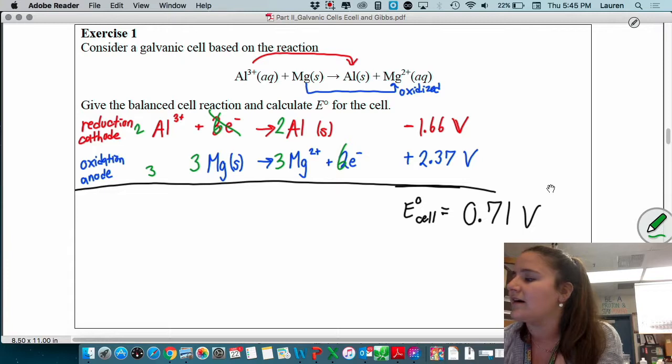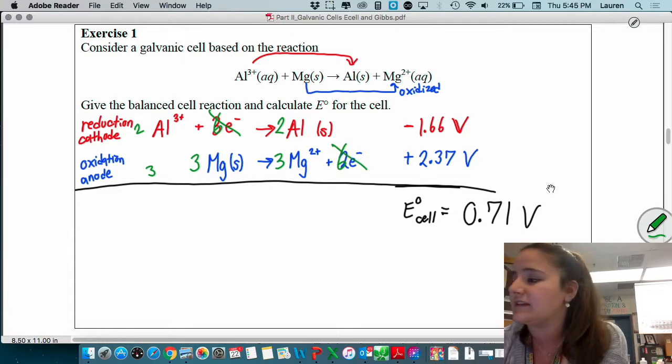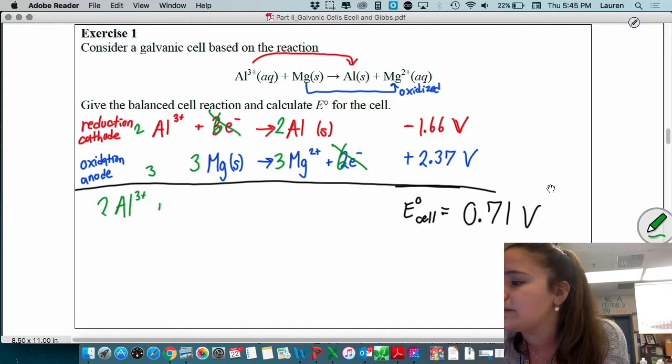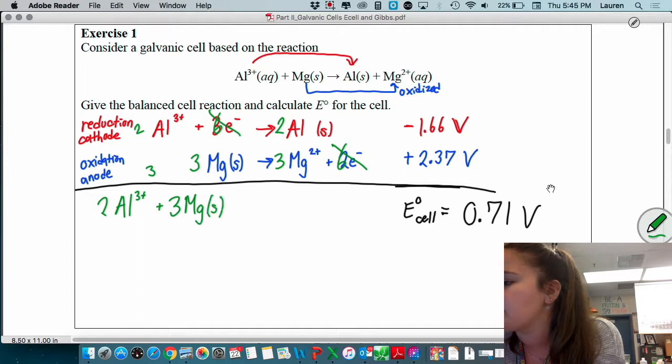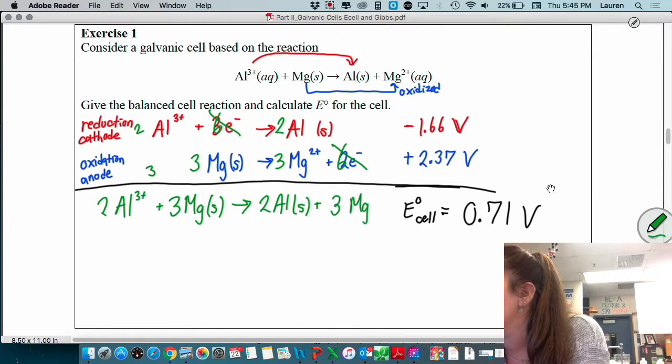Then our electrons can cancel out, so that our overall reaction for this is 2 Al3+ plus 3 magnesium solids form 2 aluminum solids plus 3 Mg2+.